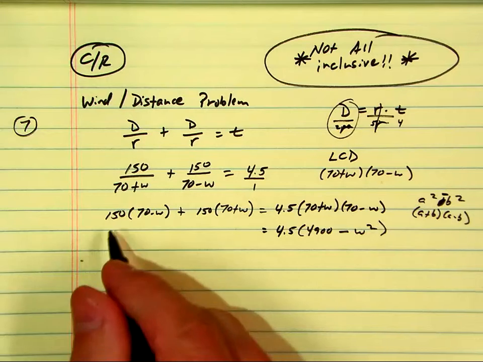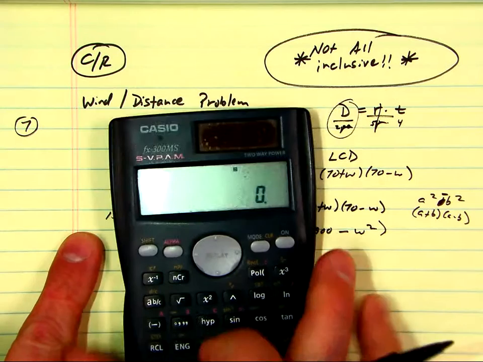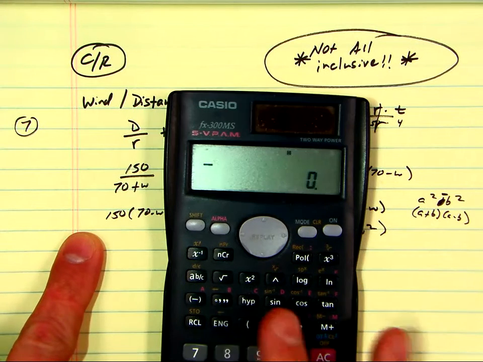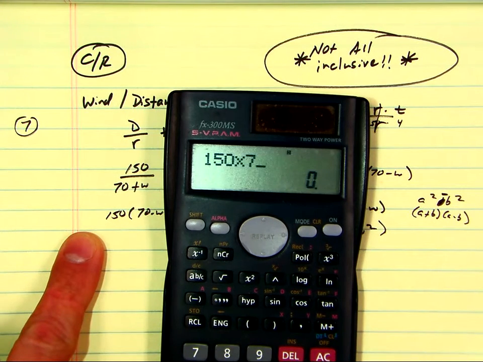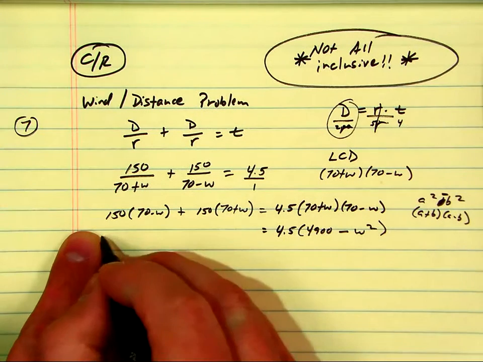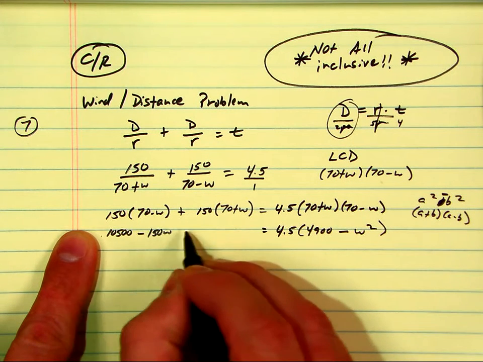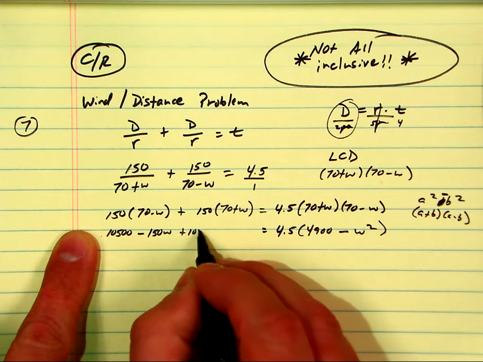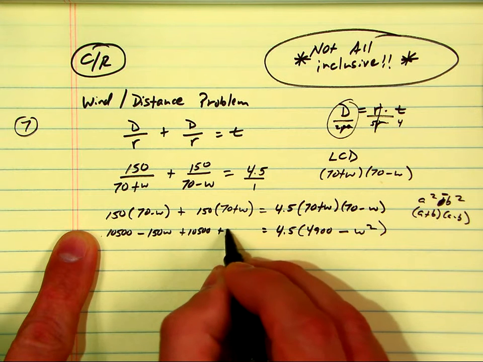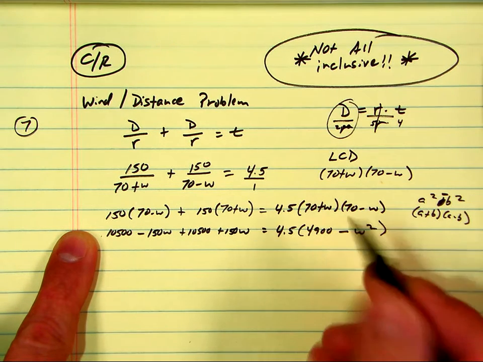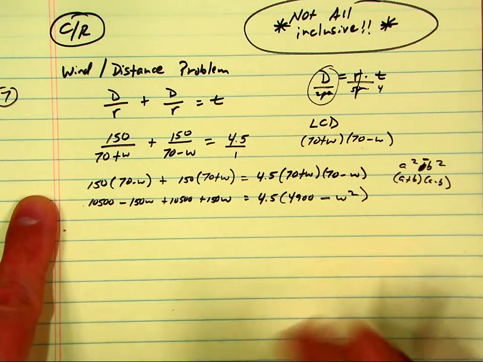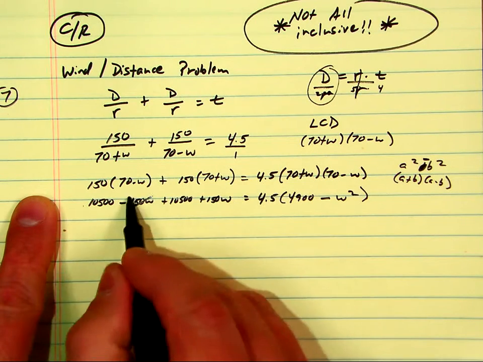Over here, we've got 150 times 70, which I think is 10,500 if I remember correctly. Yep, 10,500, and then minus 150w, and we've got plus 10,500, and then plus 150w. Okay, so that's the equation so far. The 150w's are going to cancel out.